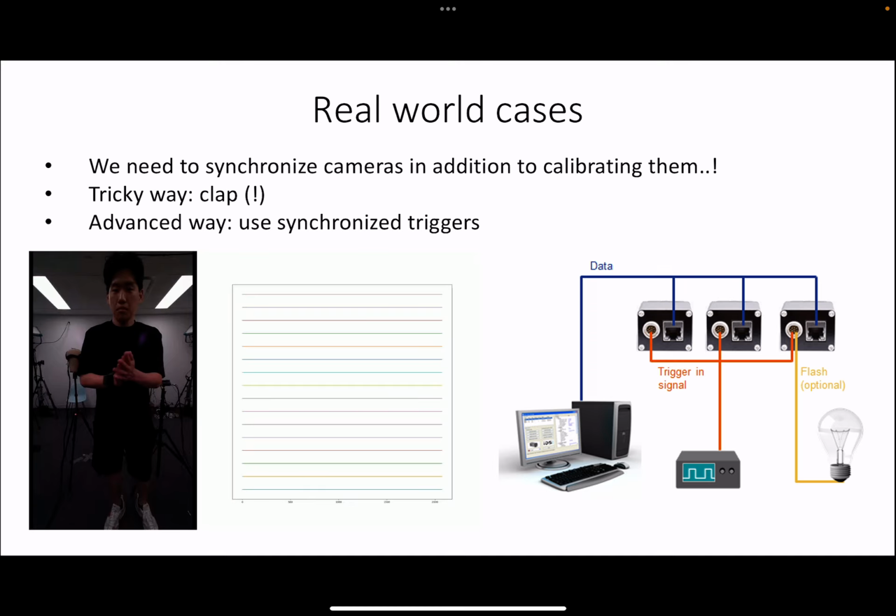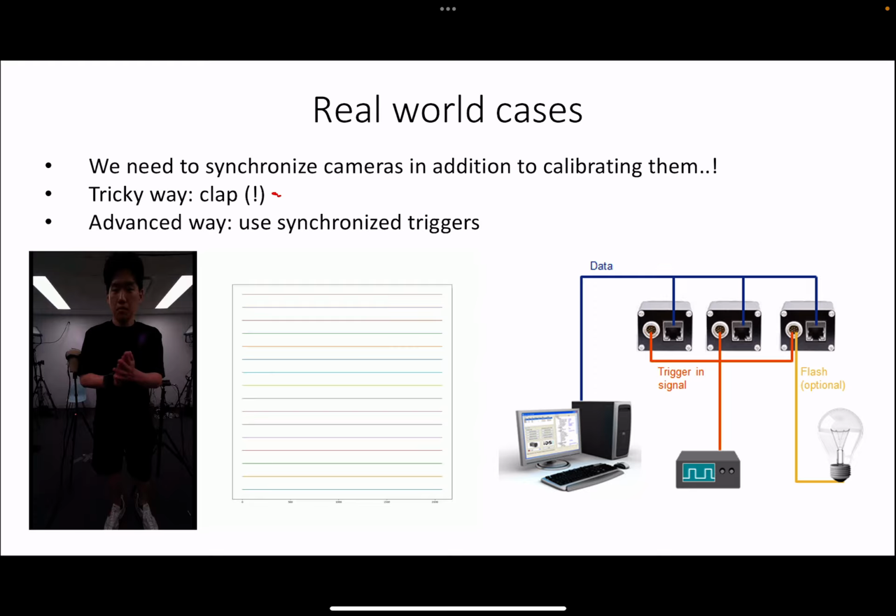Another thing is synchronization, which unfortunately is also not trivial. Synchronization means all the cameras need to take images at the same time. If we have multiple cameras, they need to capture images at the same time. What people typically do, a tricky way, is clap.